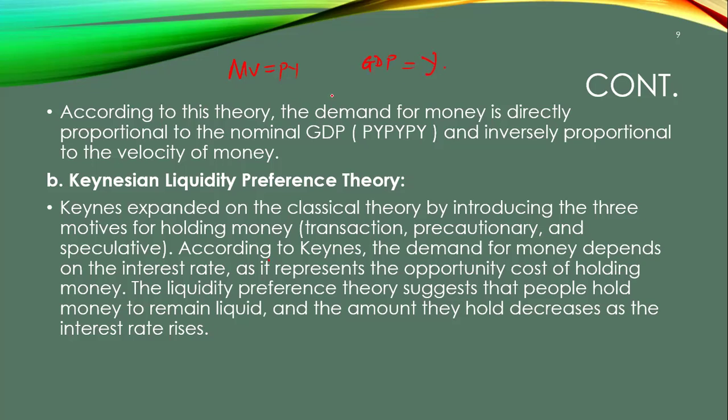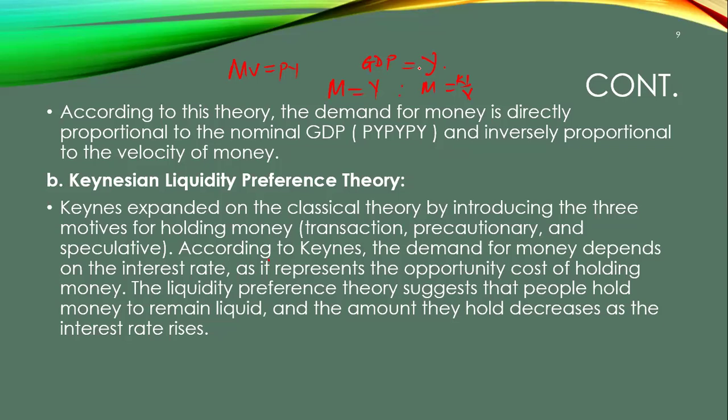And inversely proportional to the velocity of money. So what do we mean? In other words, when we talk of demand for money, that is M, it is directly proportional to Y, and also M is inversely proportional to the velocity of money, with a constant of reciprocal.